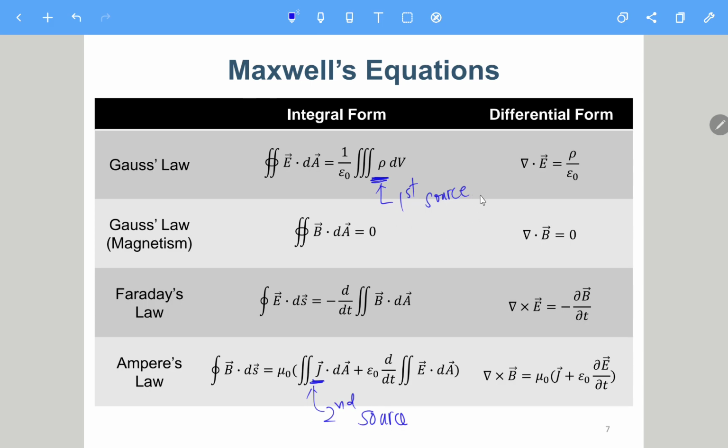And in the next chapter, we will introduce something called free space, which means there is no source, which means we make rho to be 0 and also j to be a zero vector, for the free space in the next chapter.